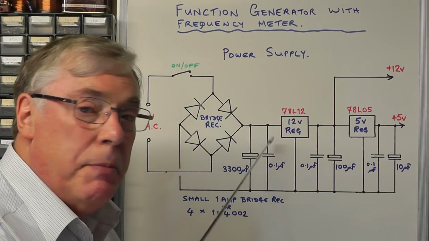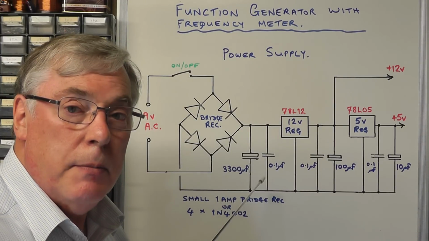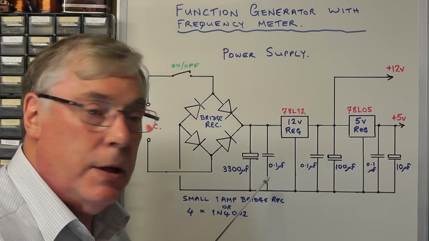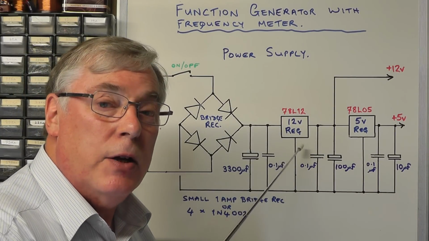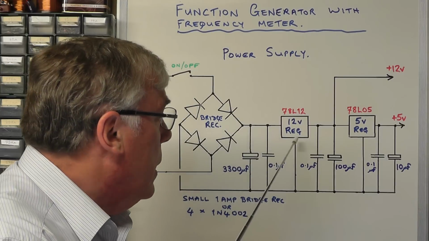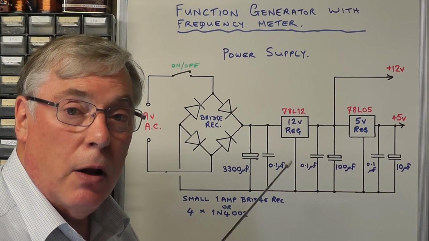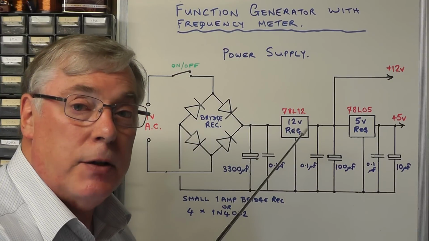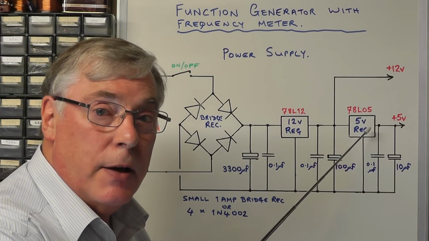The output from the bridge rectifier is then smoothed with the 3300 microfarad, quite a large capacitor, and then we have some filter capacitors on either side of a 12 volt regulator, the 78L12. It's a standard fixed 12 volt regulator IC, as is the 5 volt regulator IC.